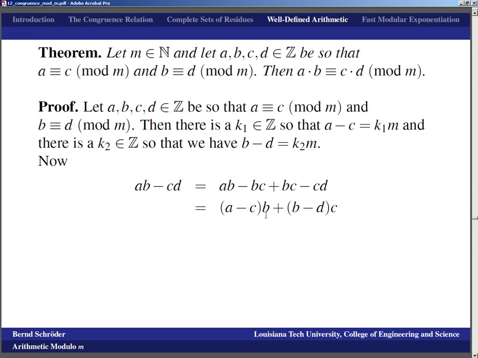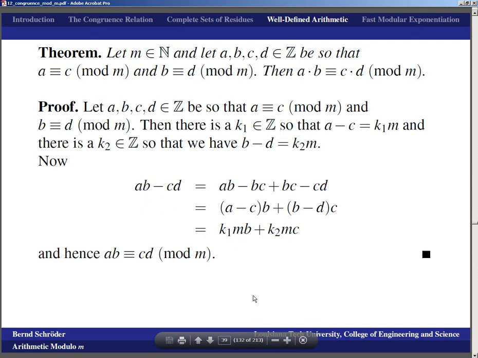So we get a minus c times b plus b minus d times c, and of course, the purpose here was that we wanted to get terms a minus c and b minus d, and we have those now, and so the first one now is k1 m b, and the second one is k2 m c, and that means that ab is equivalent to cd modulo m, because m divides both summands here, which means m divides the right-hand side, and that means m divides the left-hand side.